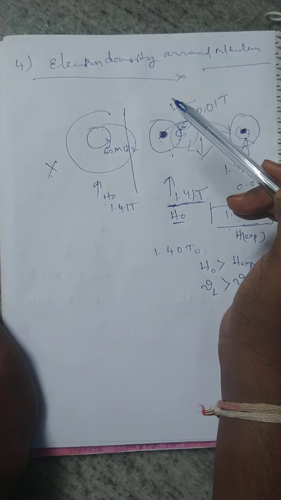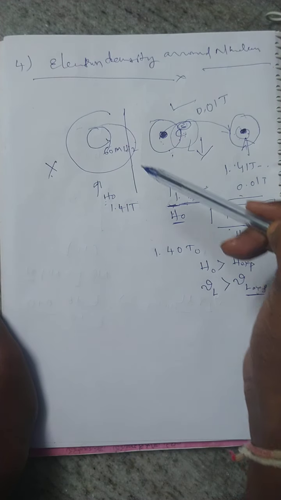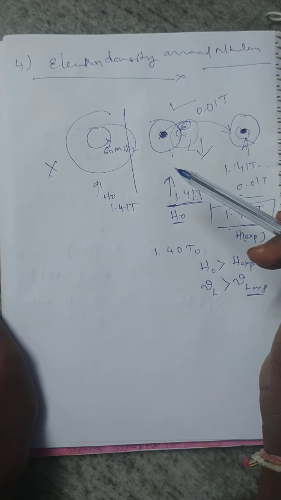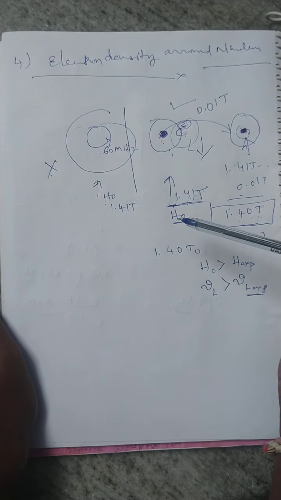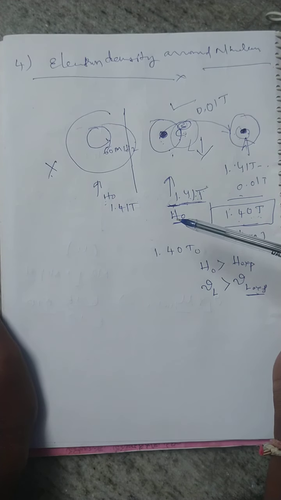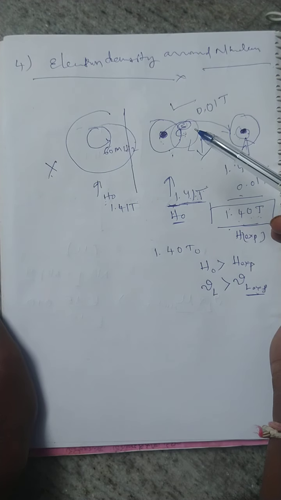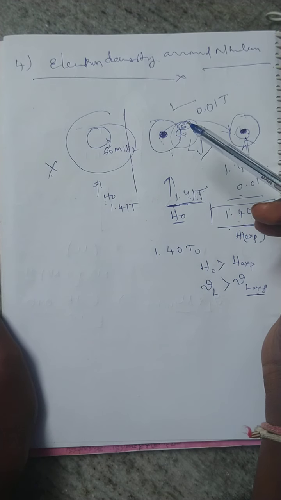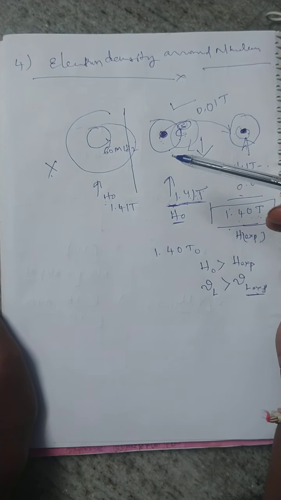The higher the number of electrons around the nucleus, the higher will be the secondary magnetic field generated by the electrons, which opposes the applied primary magnetic field or external magnetic field, right. The higher the number of electrons, the higher the magnetic force generated around the nucleus, so that will obviously oppose the applied magnetic field.